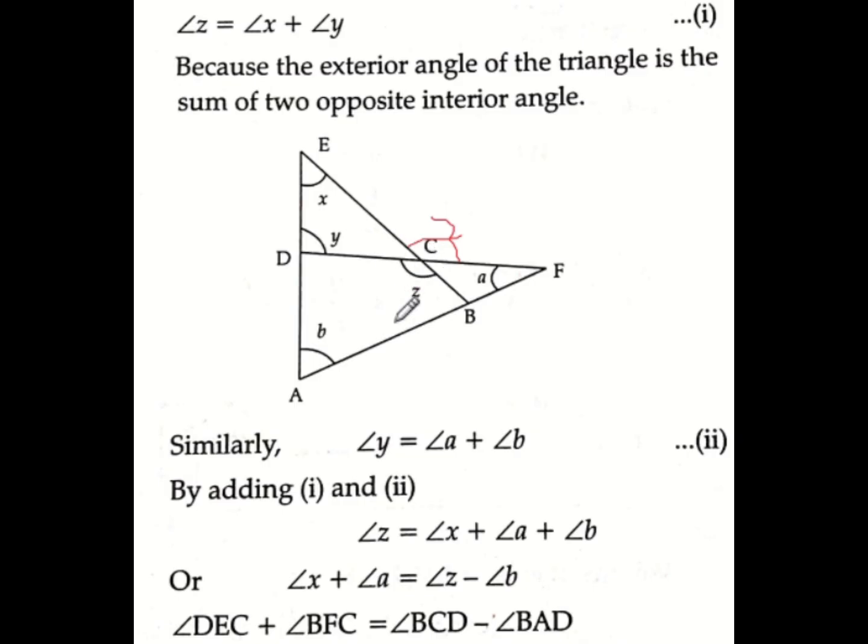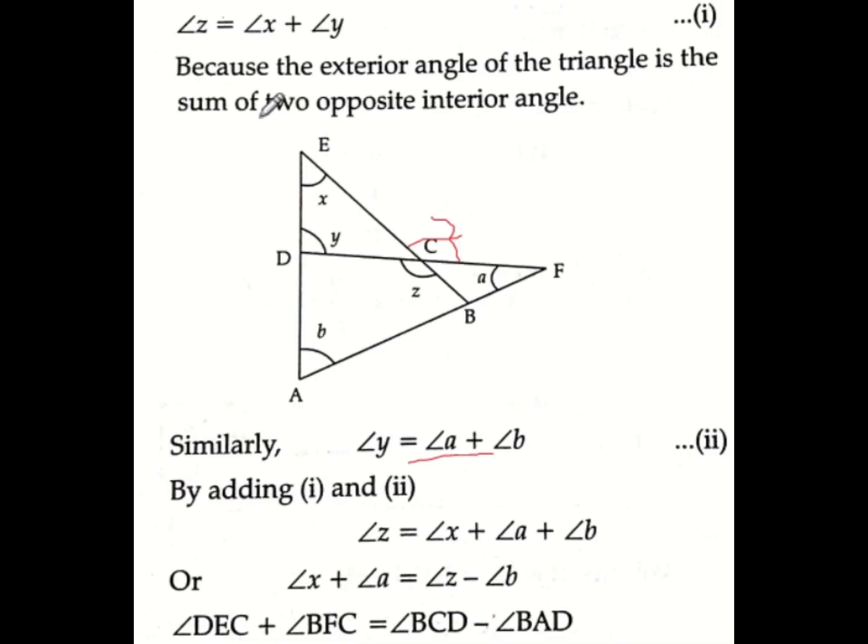So we have Z is equal to angle X plus angle Y. Similarly, I can apply angle A plus angle B will be Y. In a similar case, by applying the exterior angle property here in this triangle DAF, the exterior angle will be this angle, right? Obviously, this is our exterior angle. So this exterior angle will be the sum of the two opposite interior angles. So angle A plus angle B will be angle Y.